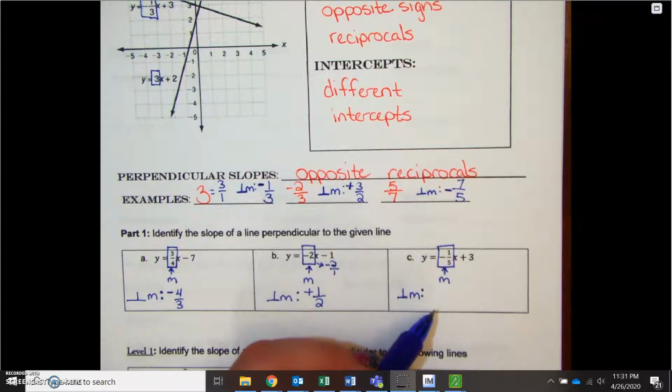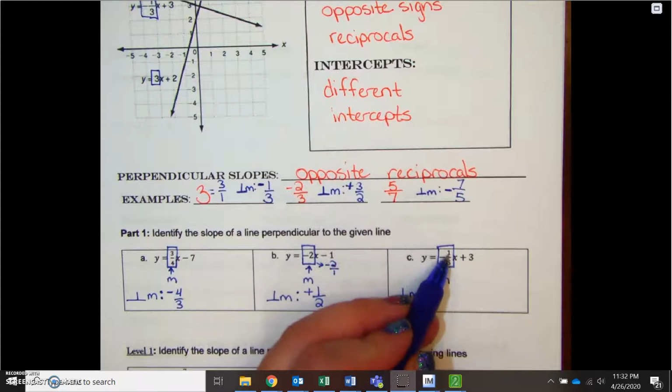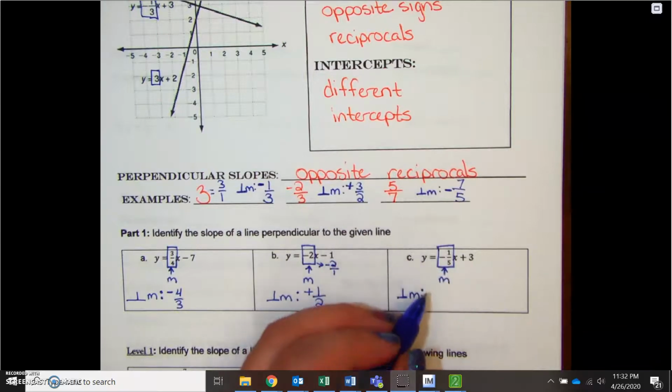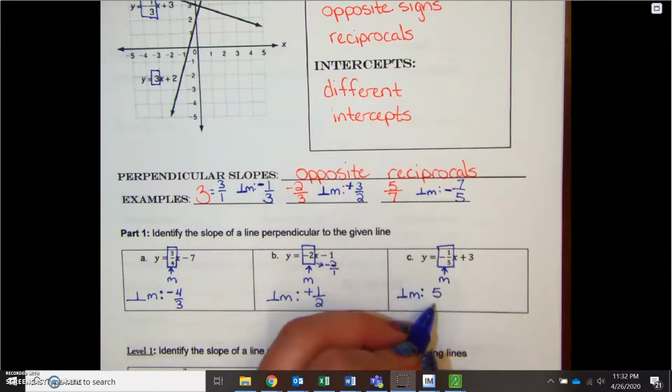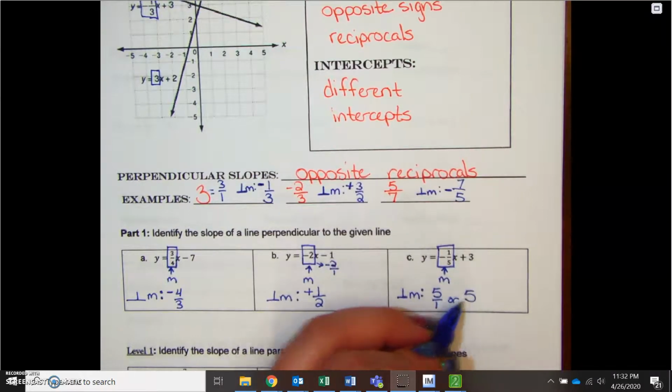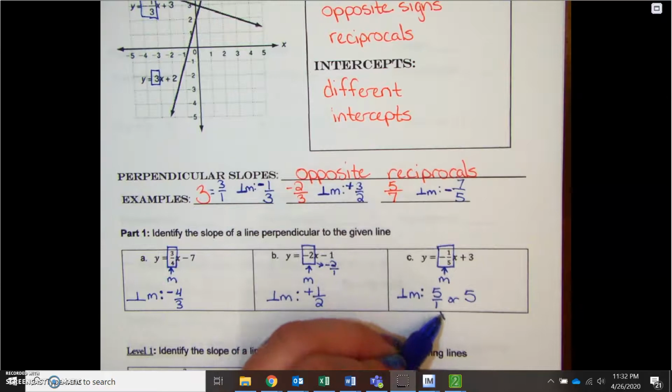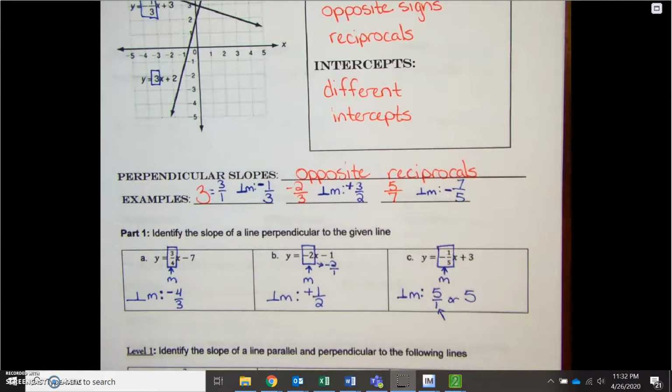This time I'm not going to write the positive because I think we have that idea down. And it was 1/5, so the reciprocal would make it 5/1, or you could just write it as 5. We tend to like to write our slopes as fractions because they help us graph them later on, but either one should be acceptable.